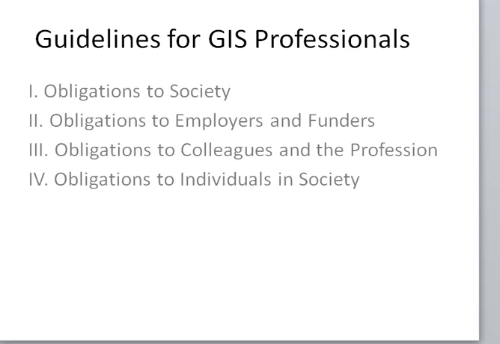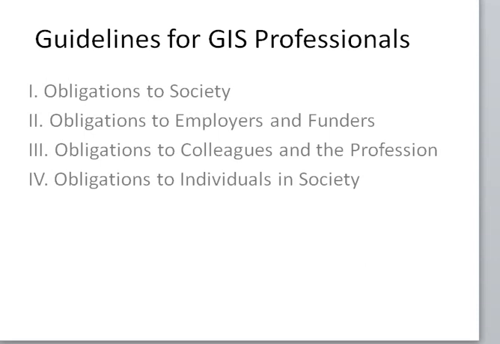So in the GIS Professional Guide, you'll look at these 4 different considerations. What is your obligation to society? What is your obligation to your employer and your funder who's paying to have a project done? What is your obligation to your colleagues and to the profession as a whole?